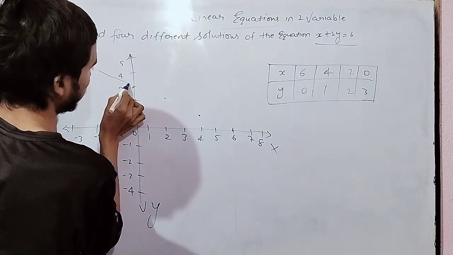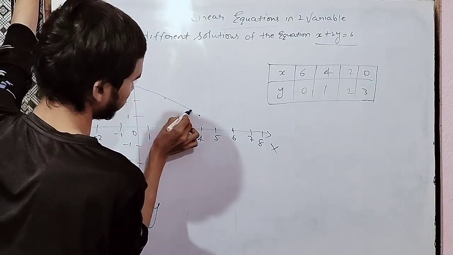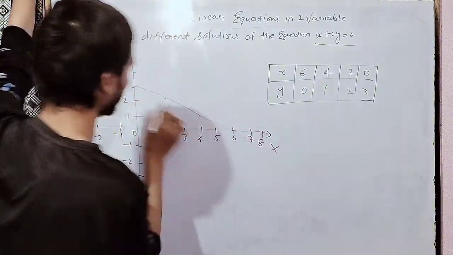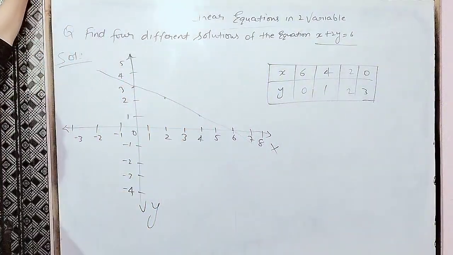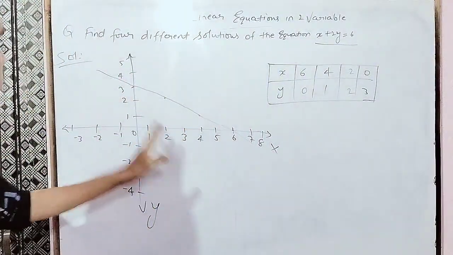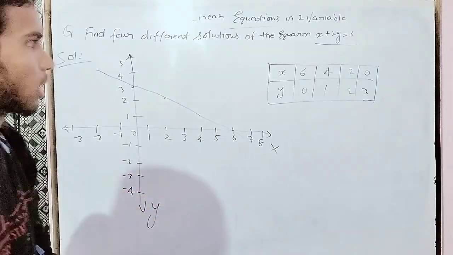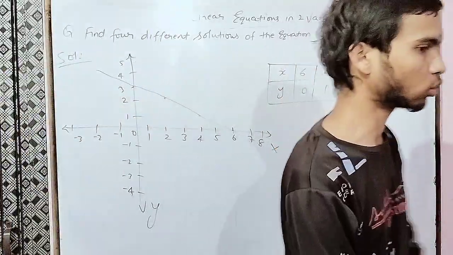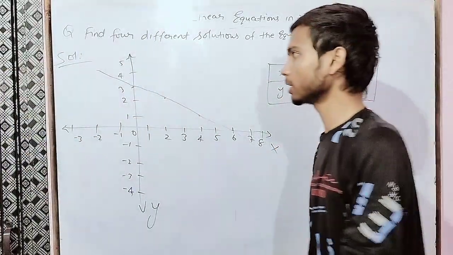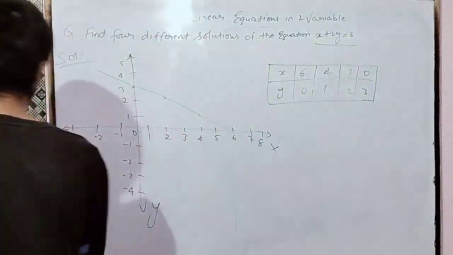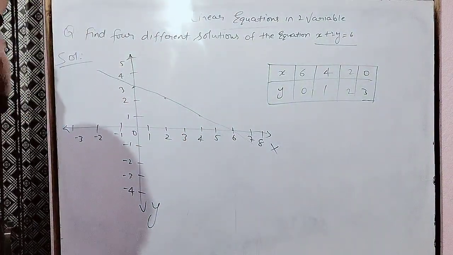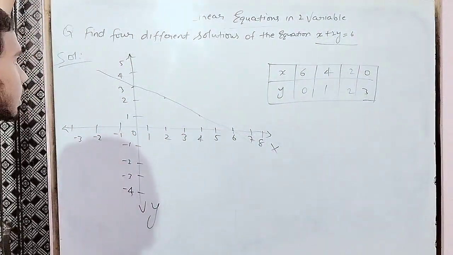You will draw a line that will contain all these 4 points. So as you are looking, this is forming a linear line. So it will happen when the equation is linear. When the equation is linear, then it will happen. Okay.